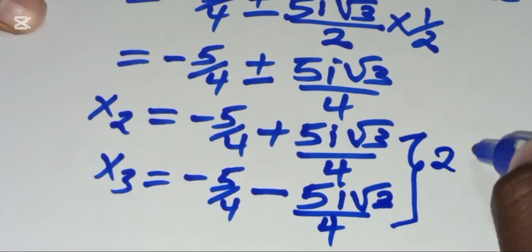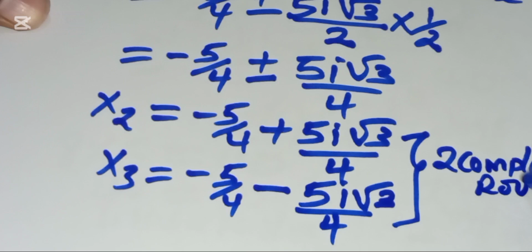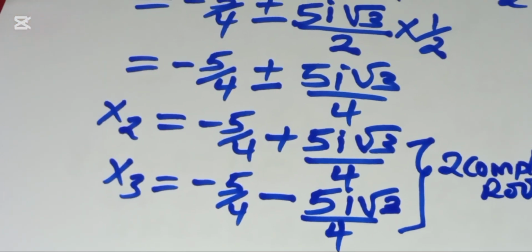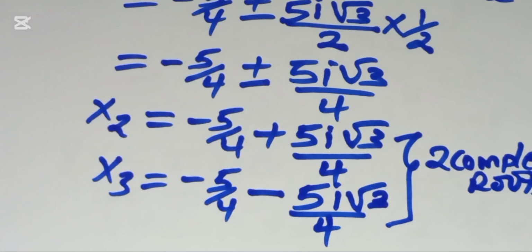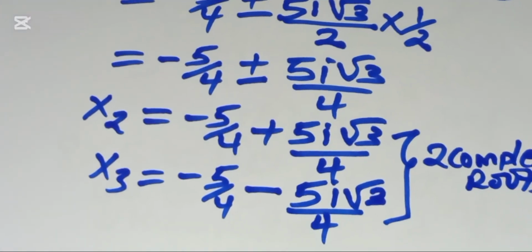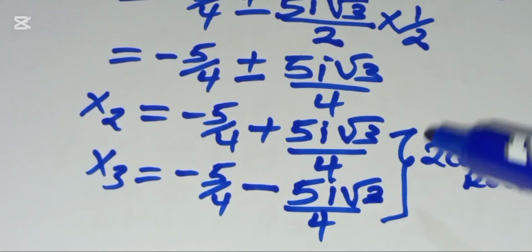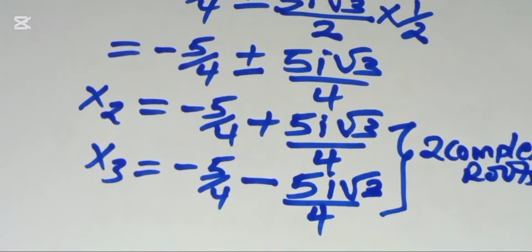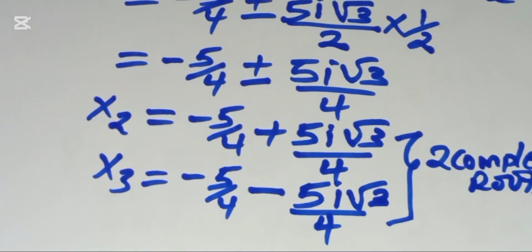These are the two complex roots. That affirms that our equation has three solutions, with x1 equal to 5 over 2, x2 negative 5 over 4 plus 5i square root of 3 divided by 4, and x3 negative 5 over 4 subtract 5i square root of 3 divided by 4. So that's the solution to this algebra problem.